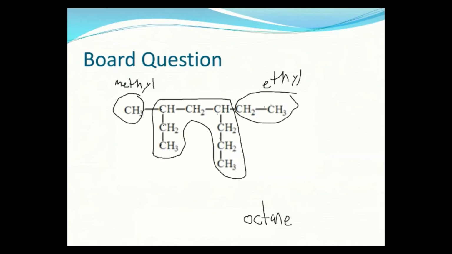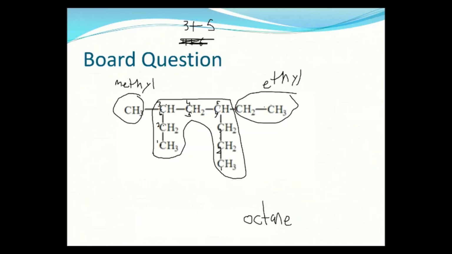And then we can count 1, 2, 3, 4, 5. So that would give us 3 and 5. Or we can count 1, 2, 3, 4, 5, 6, which would give us 4 and 6. So that's a bigger number, so we don't want to use it.